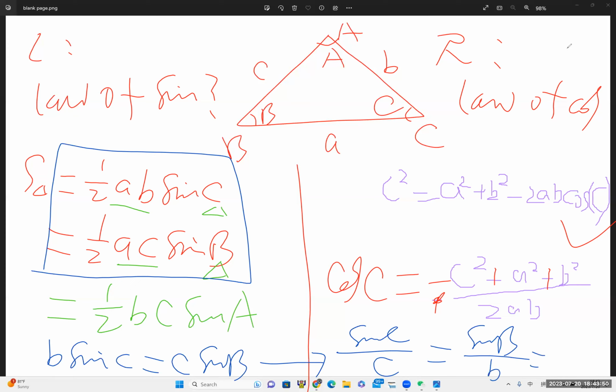Then of course it's also equal to sine A over a. So this we call law of sine, right? That means that you can derive it from area formula.